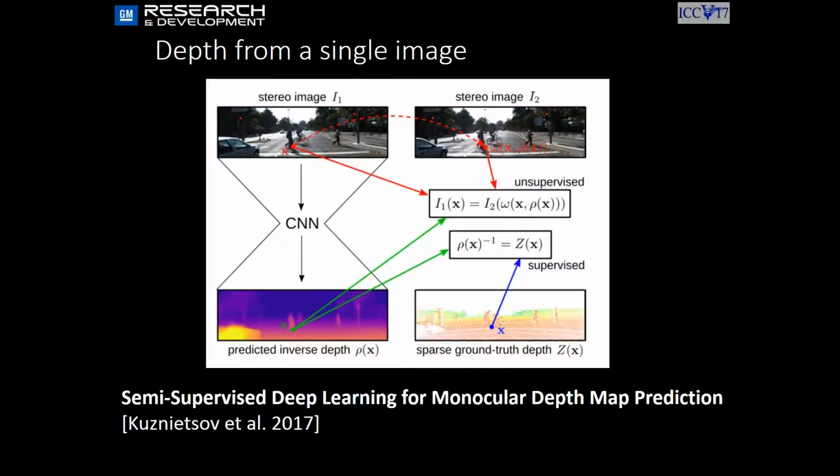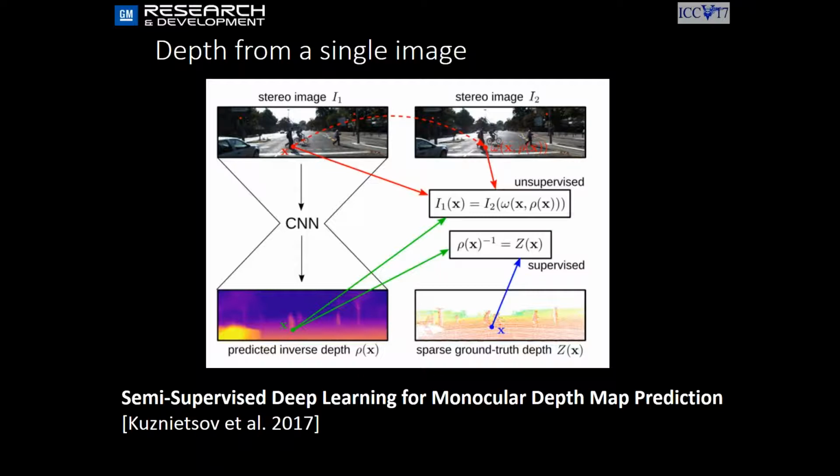An example of such automated training is using stereo to train a monocular camera to detect depth from a single image. And this is also a hot research topic. Since the work that I'm showing here, there are many other works that are improving upon this and showing promising results in obtaining depth from a single image.